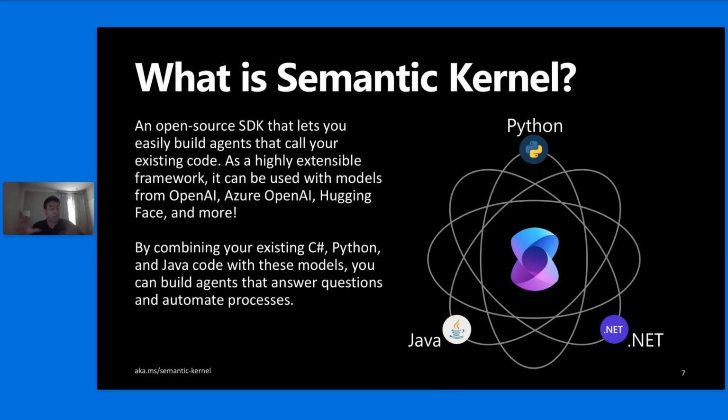But very easy. You're gonna see the sample that is just simple code. And the good thing about this is that Semantic Kernel is, of course, for .NET. Most of us are .NET people, but it's also for Python and Java. So people that are in other languages can use this.